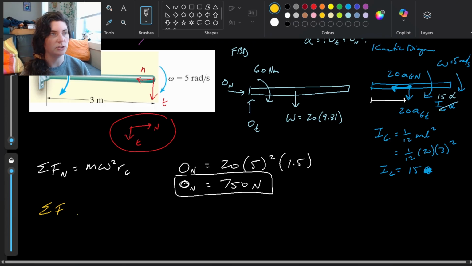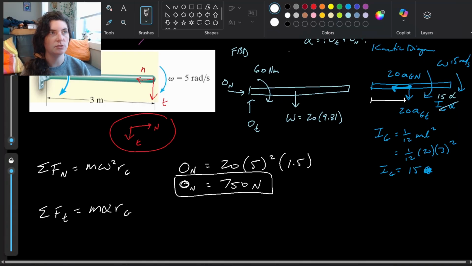Let's do another equation of motion. Actually, I'm going to keep writing this in white. Whoops. Sum of forces in the tangential direction is mass times the tangential acceleration, which we know is m alpha r_G.